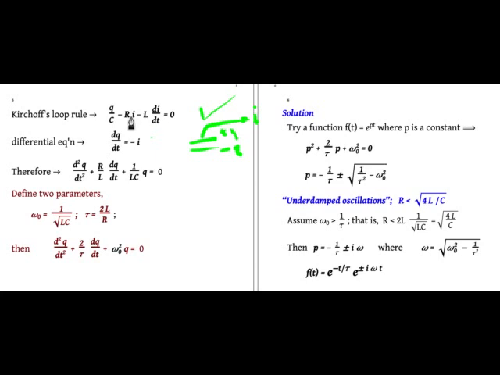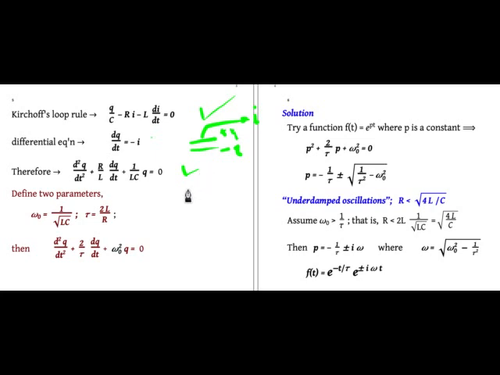And this term will be minus I, which is dq dt, divided through by L, so R over L dq dt. And finally, this term will be Q over LC, or 1 over LC times Q, and the sum of those three terms is 0. So there's the equation now as an equation for Q of t.